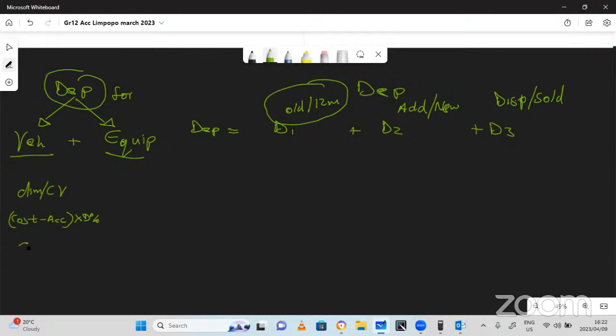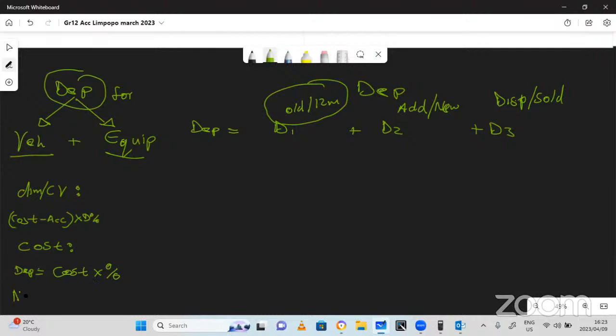But if the depreciation is calculated at cost, the formula will be: depreciation is equal to the cost price simply multiplied by the percentage. But there's something you need to note when you are calculating depreciation on cost price.